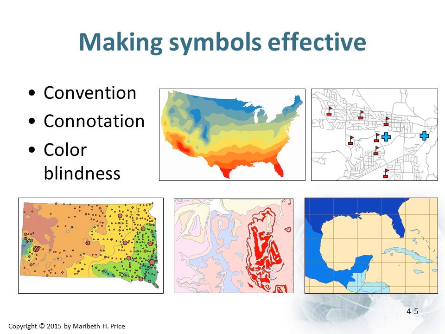The same way with color blindness, certain combinations of colors might be difficult for some people to see, whereas in other instances when we make certain colors brighter, it works. And then obviously, if you've got a map of land and water, don't make the water brown and the land blue. It just doesn't make sense.